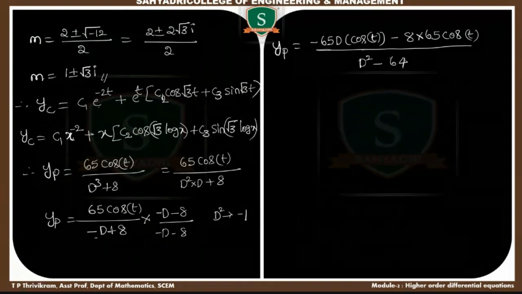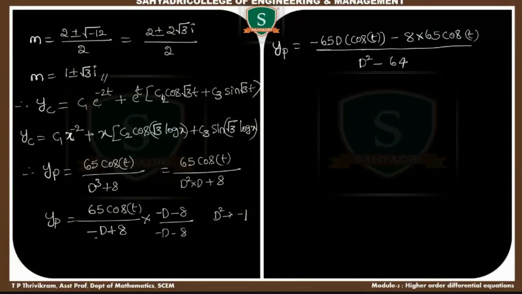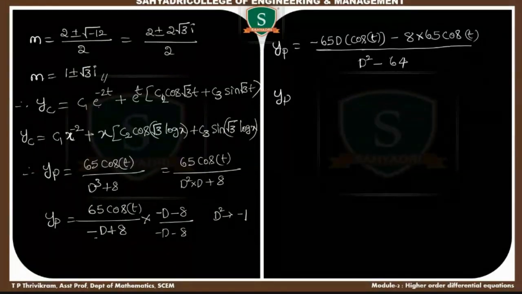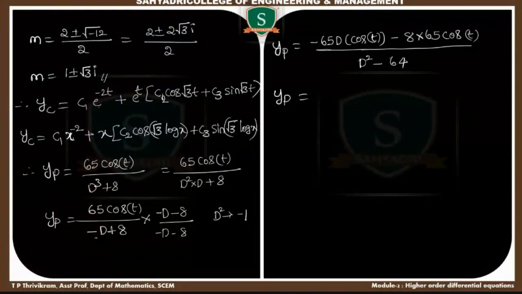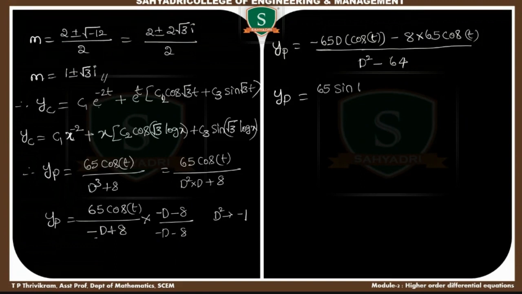Minus d square is d square, minus 8 square is 64. Yp is equal to differentiation of cos t, minus sin t. So minus of minus will get plus 65 sin t. Okay. So minus 8 into 65 cos t divided by d square must be replaced with minus 1, so minus 1 minus 64.